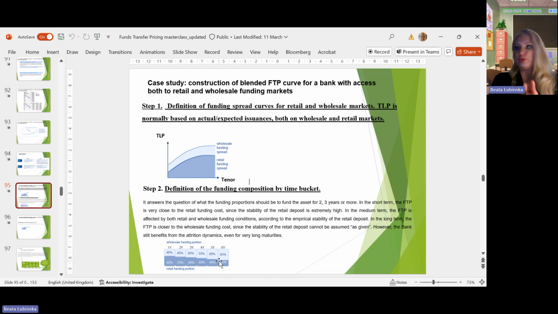Of course, for example, it could be lower, it could be higher. We know that the regulator has now started to look closely at your behavioralization, the extent to which you model those NMDs out to long tenors, because it's easy to model them long term and to close your time bucket sensitivity and to go with natural hedging.